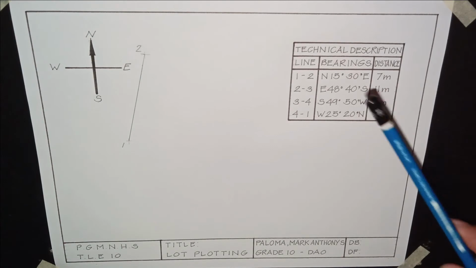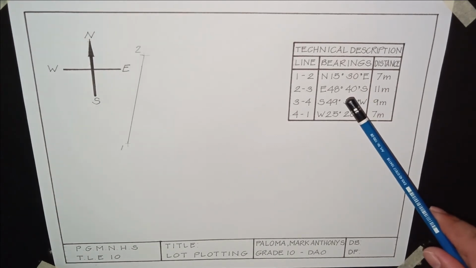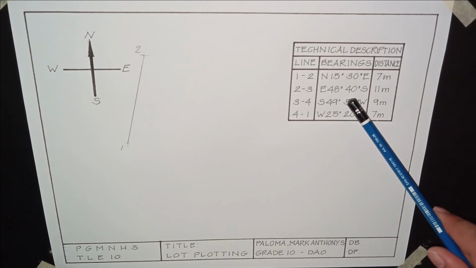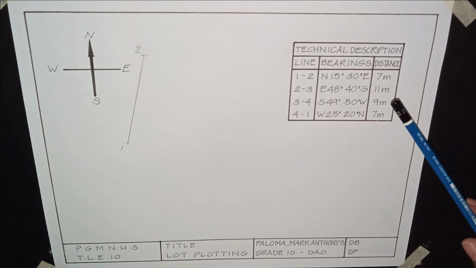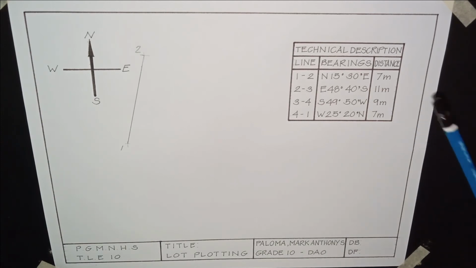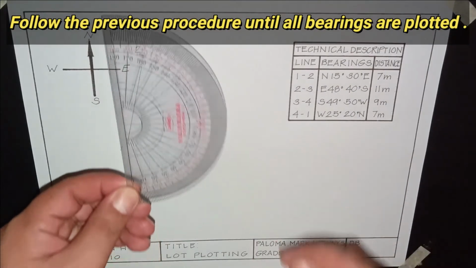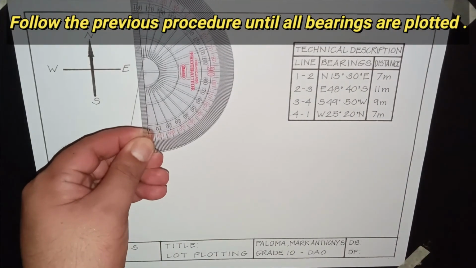Our given bearing for the second point going to the third point is east 48 degrees, 40 minutes going to south, with a distance of 11 meters. Or, using the scale 1 is to 100, that is 11 centimeters. So how are you going to place the protractor? Since we're going to south, this is our placement of the protractor.